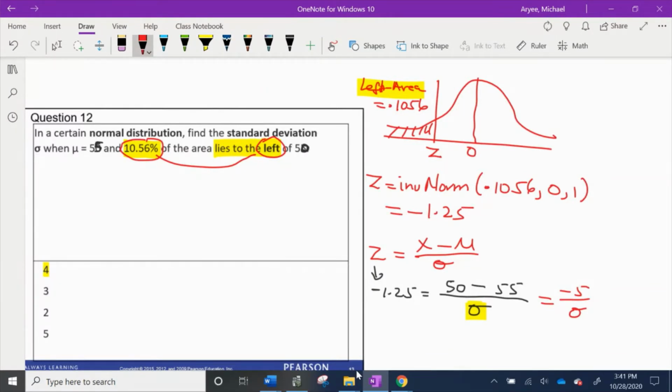So we could say that negative 1.25 times sigma gives us negative 5. Then you can divide both sides: negative 5 divided by negative 1.25. So could someone do the division for us? Yeah, it's 4. Okay, so then that is 4. So sigma happens to be 4.